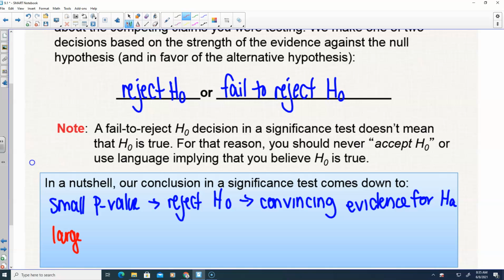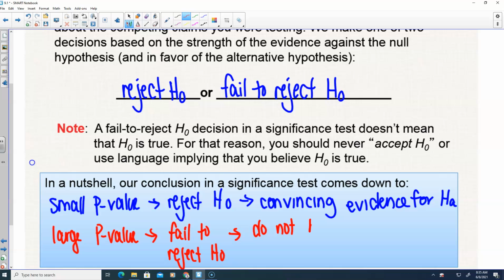If we have a large p-value, we fail to reject H0, and we do not have convincing evidence for HA. So our conclusions are pretty much written the same way, except with the words fail to or do not in front of them. Otherwise, it's exactly the same.